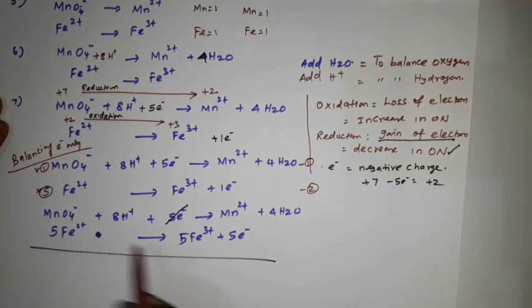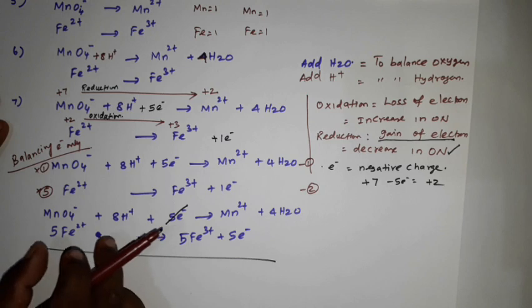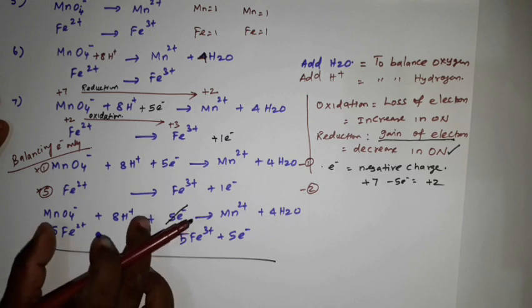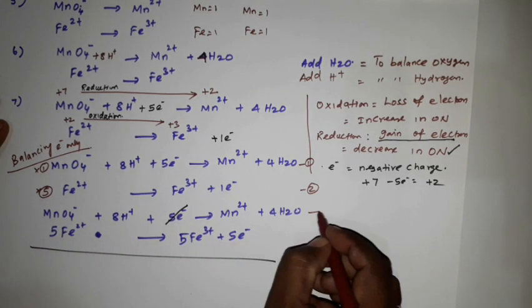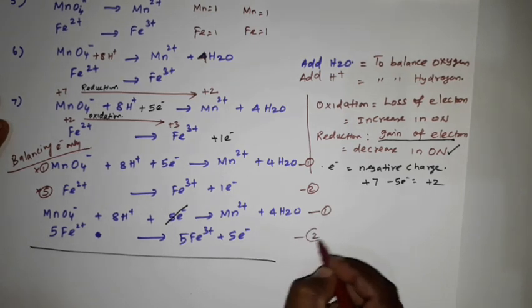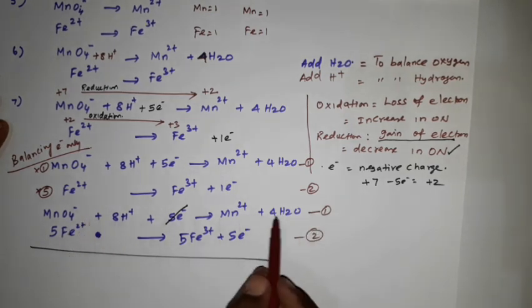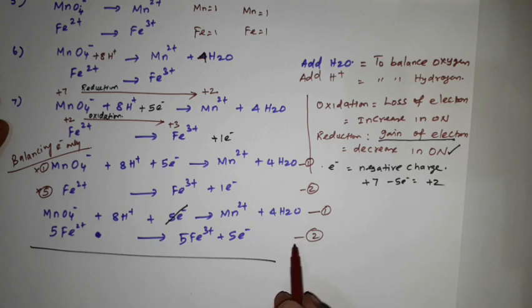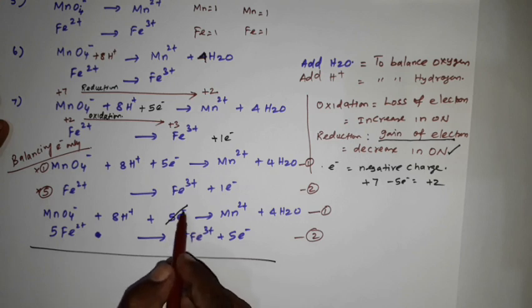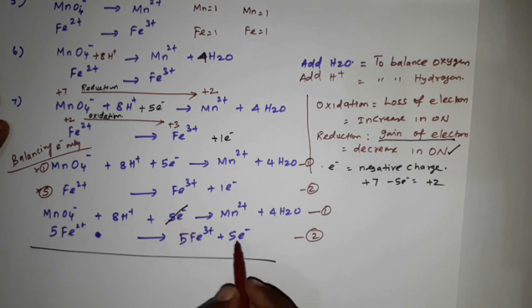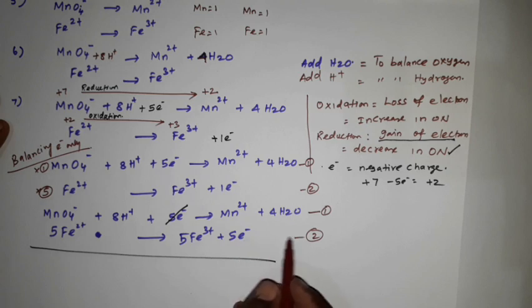If you check the reactant side and product side, so this is equation 1 we keep and equation 2. Check equation 1 reactant side and check equation 2 product side. Whatever elements are equal, then you can cancel it. Here 5 electrons are on the equation 1 reactant side and 5 electrons are on the product side of equation 2. So we are cancelling 5 electrons.